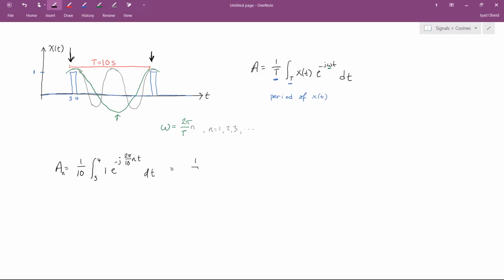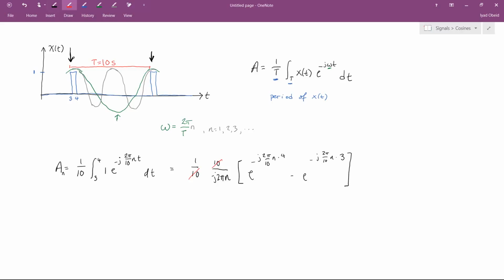Okay, so let's go ahead and solve the integral. That's 1/10 times 10 over minus j 2 pi n times e to the minus j 2 pi over 10 n times 4 minus e to the minus j 2 pi over 10 times n times 3. Ugh. That's not exactly the prettiest formula ever, but at least those 10s cancel.